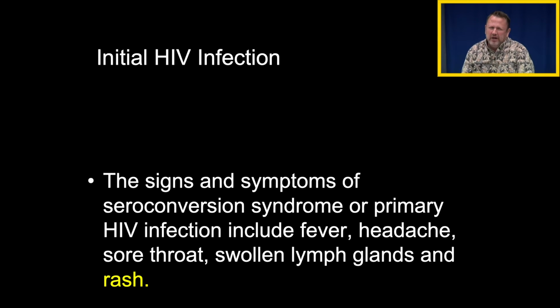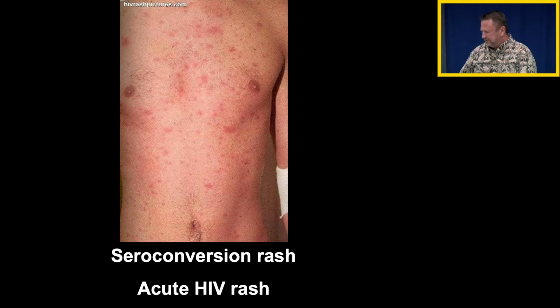Something to be on the lookout for is the seroconversion rash. The signs and symptoms of seroconversion syndrome or primary HIV infection or acute HIV infection, they can include fever, headache, sore throat, swollen lymph glands, but something I want you to be aware of is rash.